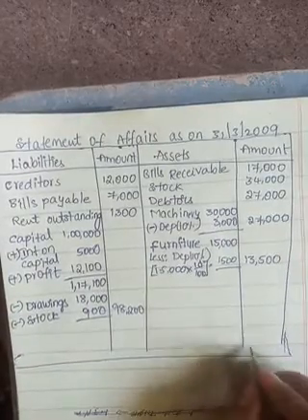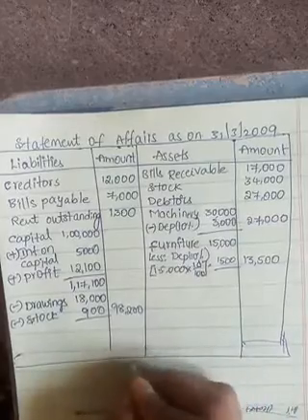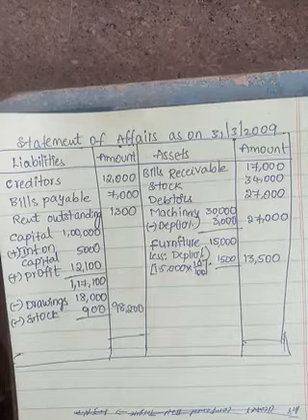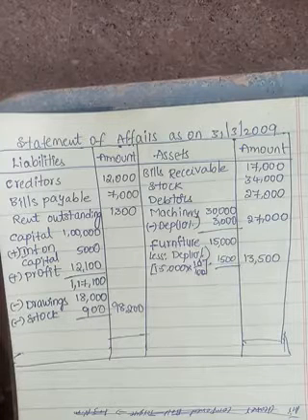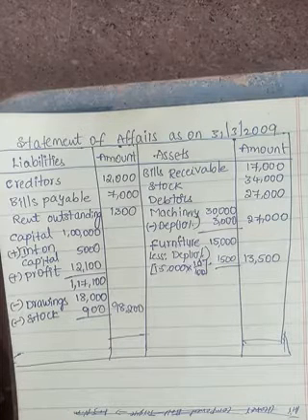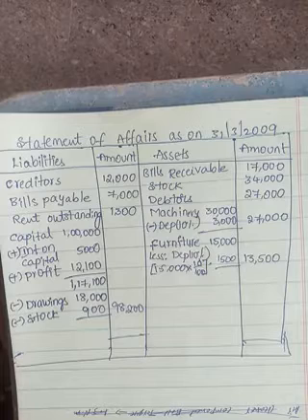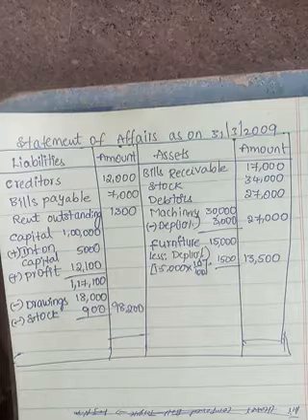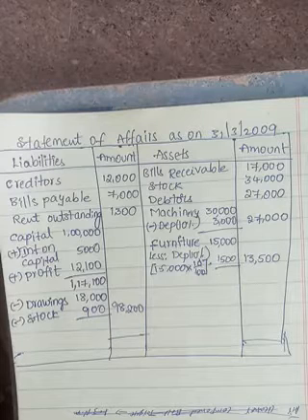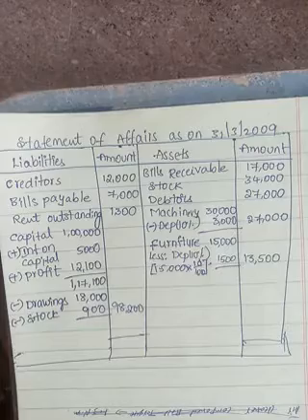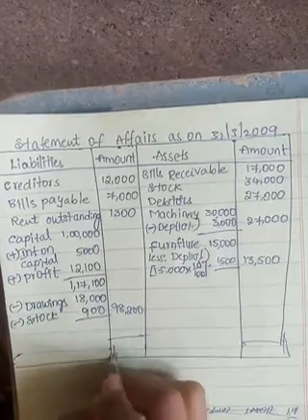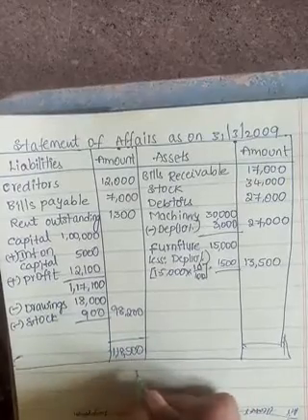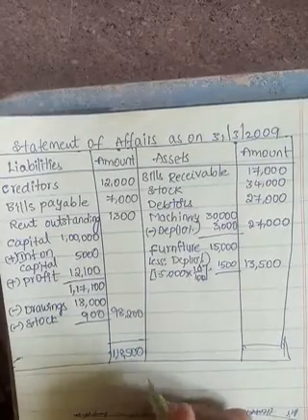Now we will add the two sides, and if we get the same total, then our problem is correct. First the liability side: 98,200 plus 1,300 plus 7,000 plus 12,000 is 1,18,500.